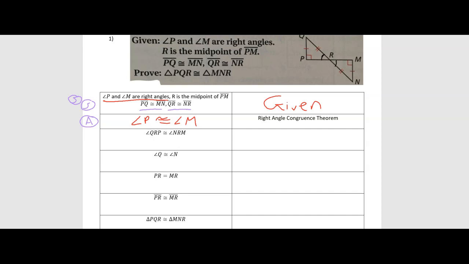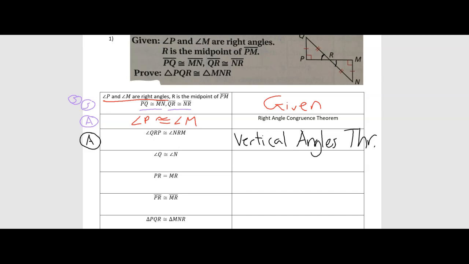And maybe when you check out the diagram, you notice that those are vertical angles. So, vertical angles theorem.